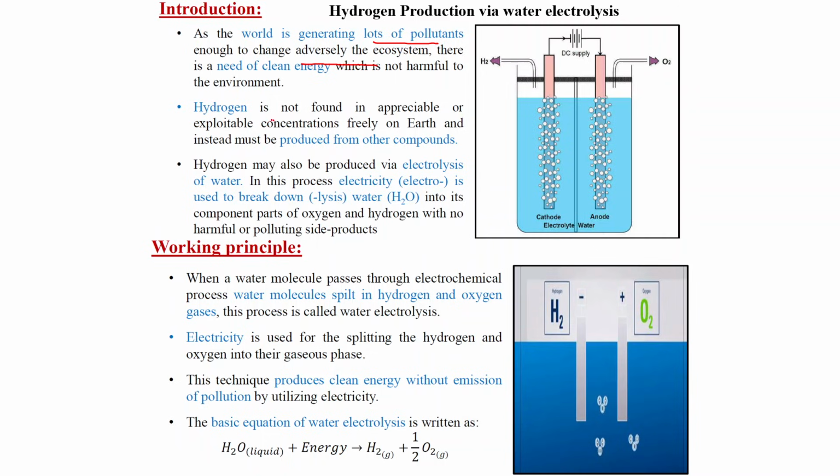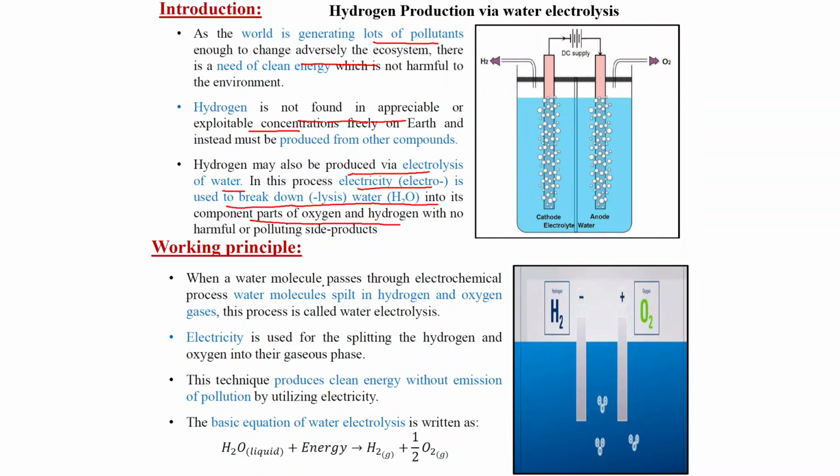Okay. So hydrogen is not freely available on earth. So basically hydrogen may be produced via electrolysis of water. In this process, electricity is used to break down the water into components, that is oxygen and hydrogen, with no harmful or polluting side products. Okay.